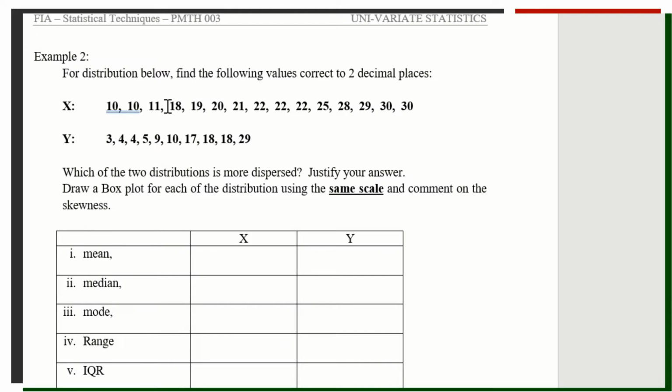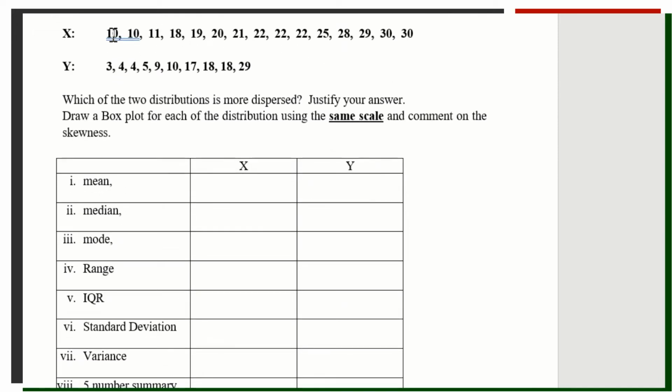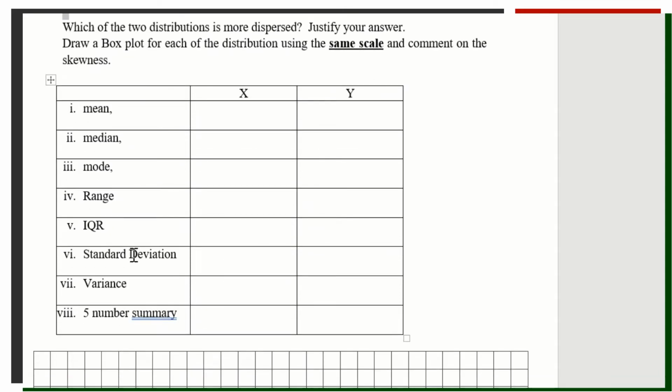Putting it in as frequency is a little bit faster. Put it into the calculator and find your mean, standard deviation and variance. That means you put in X, find the mean, standard deviation and variance immediately. Then you put in data Y, find its mean, standard deviation and variance immediately. Then you fill up all the other values.